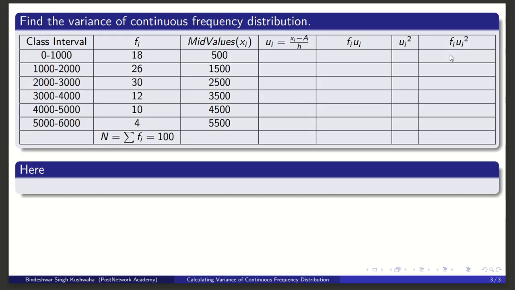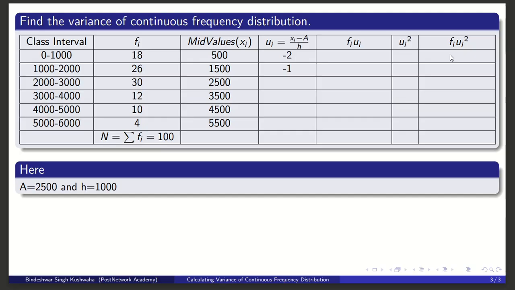So first one, the mid value is 500 and assumed mean is 2500. So that would be minus 2 because 500 minus 2500 upon 1000. So it would be minus 2000 upon 1000 and that would be minus 2.